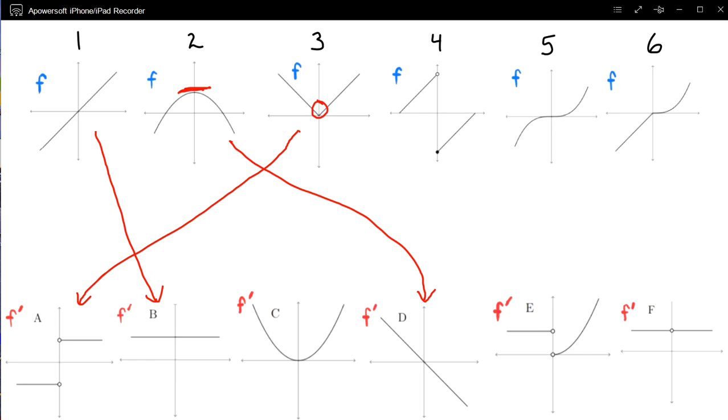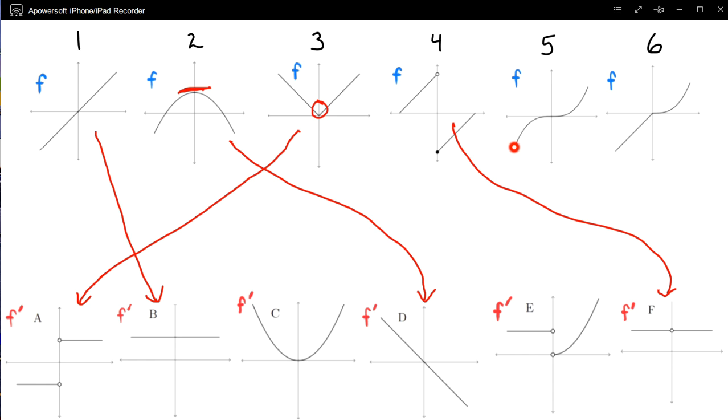Because the lines are parallel, the slopes are the same. It's the same constant. Now the other thing is, at x equals 0, we have a discontinuity, which means the derivative will not exist at x equals 0. So positive derivative, same positive derivative, derivative does not exist. That would match with graph F.